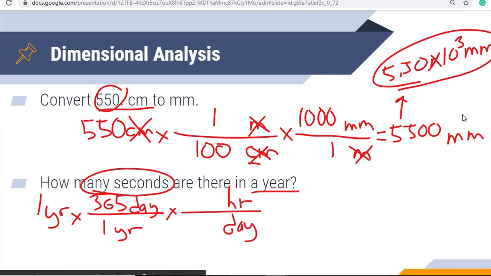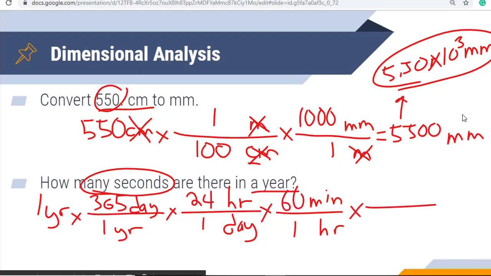Day to hour. Hour to minute. Again, if there are conversion factors I don't give you, or there are conversion factors you don't know, I will probably give them to you. And now we do our math.